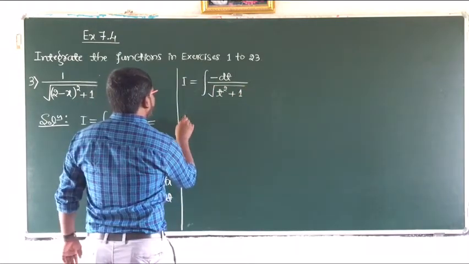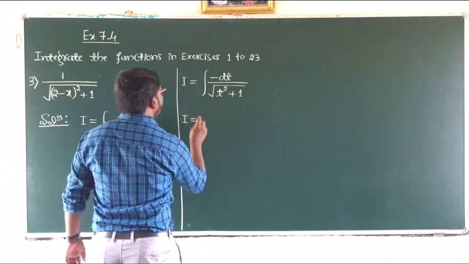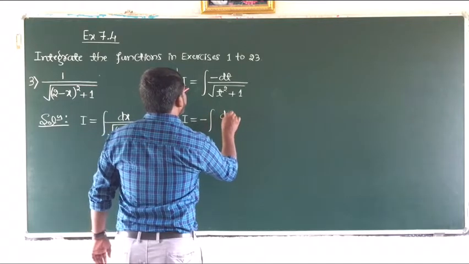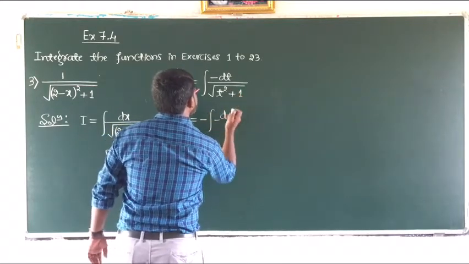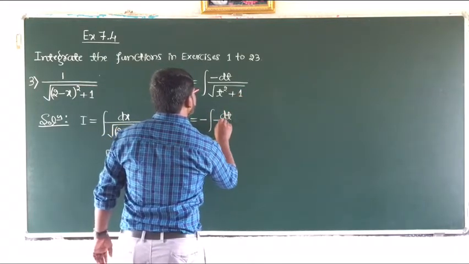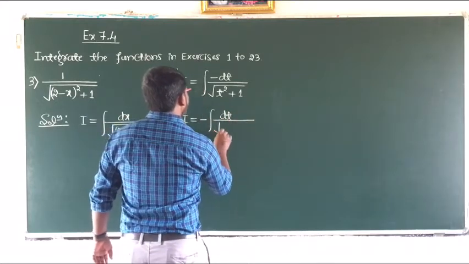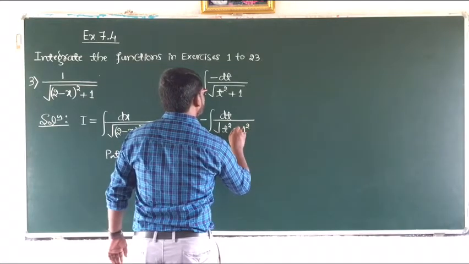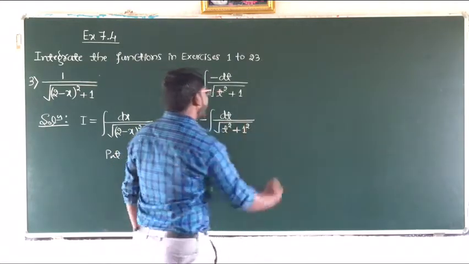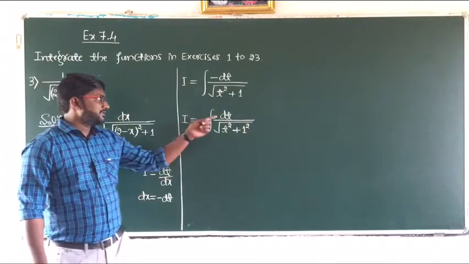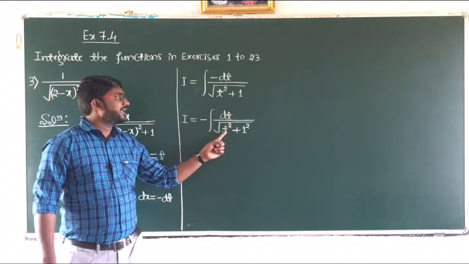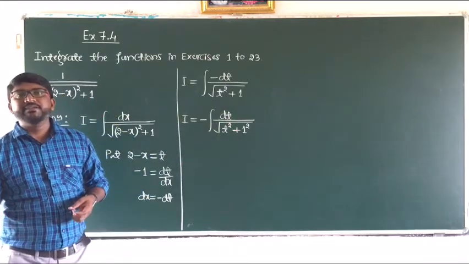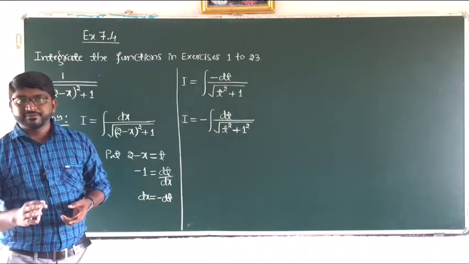So now I which is equals to minus outside, then integral dt divided by square root of t square plus 1 square. So now it has been reduced to the standard form. It is in the form of integral dx by under root x square plus a square, that is log mod x plus under root x square plus a square plus c.